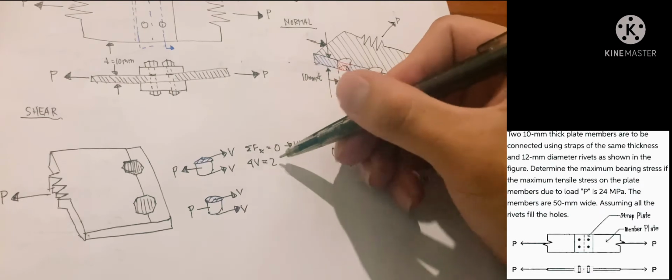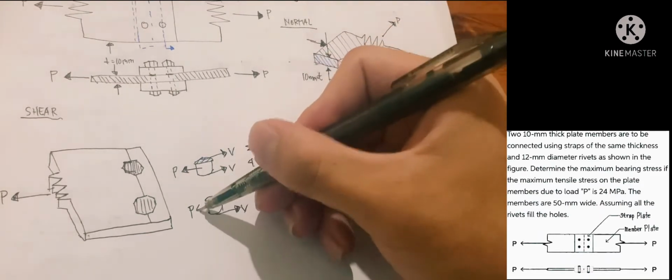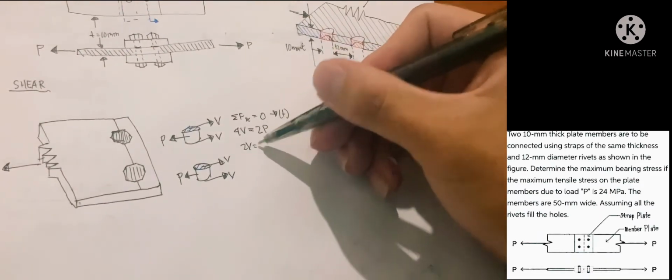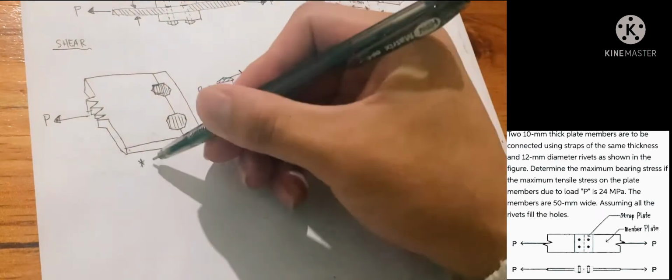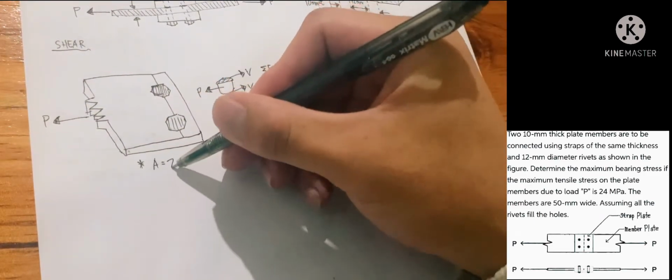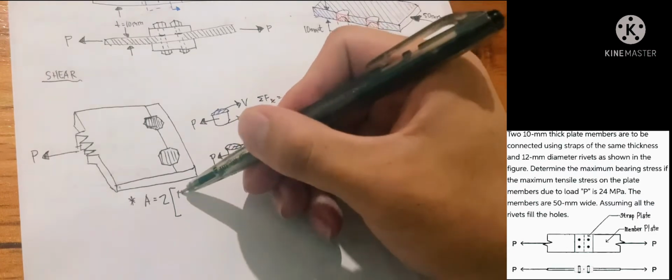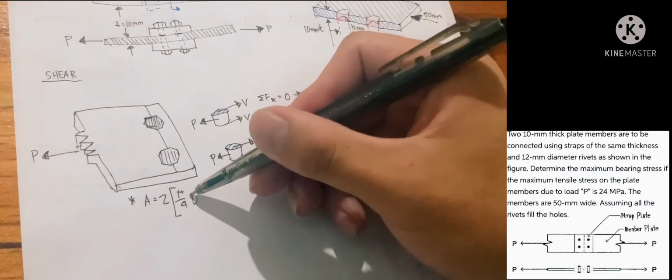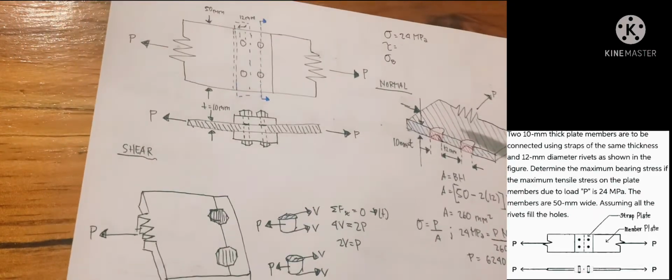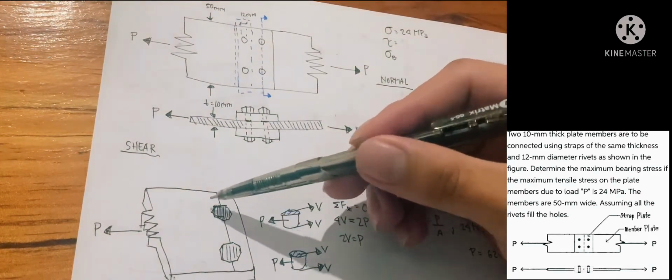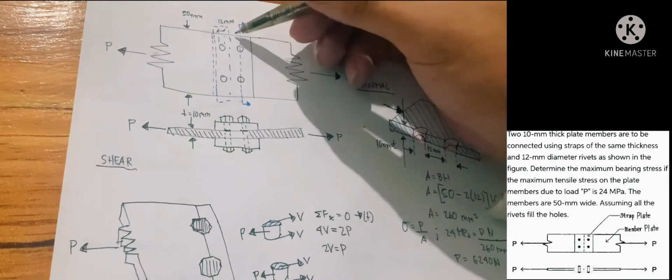So for our problem, let's go back. We separated the rivet. It is in double shear, and we can simplify it. 2V is equal to our load P. So our load P is, our area is 2 multiplied to our, since we are in double shear, we've already done this a lot of times, we need to equilibrate our equation.